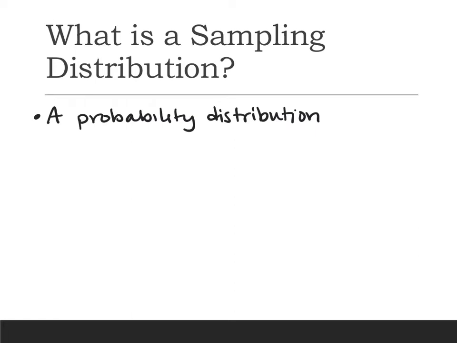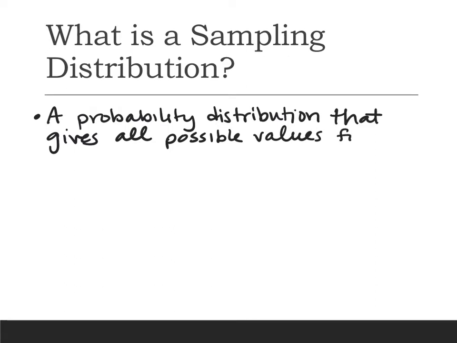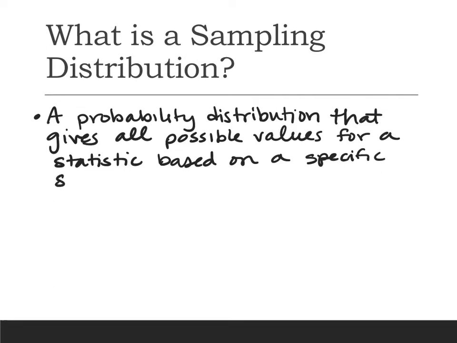And with a sampling distribution, it's a continuous probability distribution that gives all possible values for a statistic computed from a specific sample size, based on, so of course remember we say n equals whatever we choose.